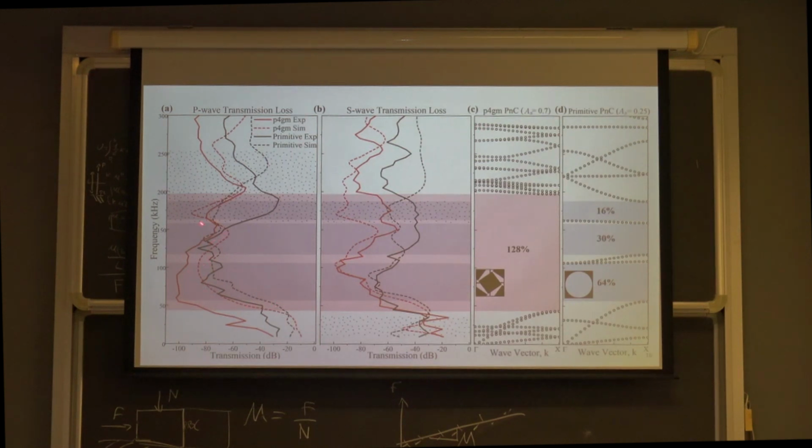But anyway, you can see the pattern here, and you can say that it's a pretty good agreement. Also for the black curves, for the so-called primitive phononic crystal, and the same picture we can see also for the S waves or shear waves, which are rarely explored experimentally.